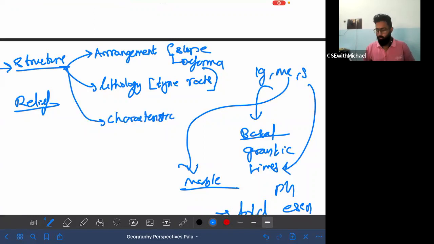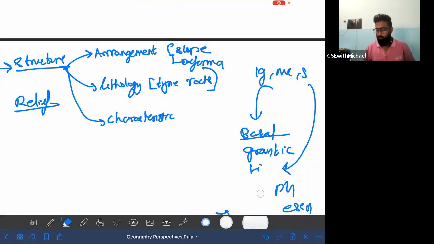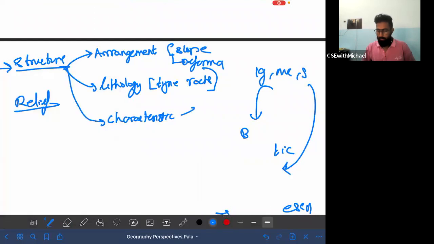Characteristics mostly talks about the ideas of its relationship with water. So it's permeability, percolation, nature of percolation in this region. So these are few factors, and if some other characteristics if at all there.